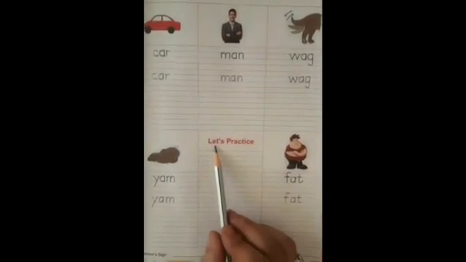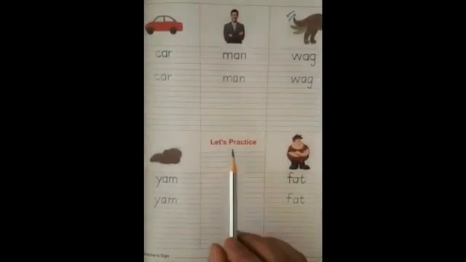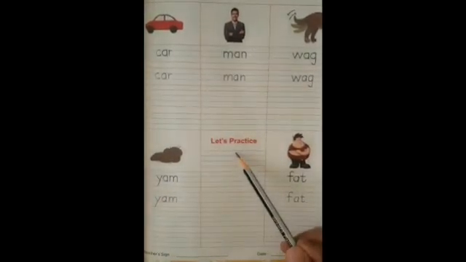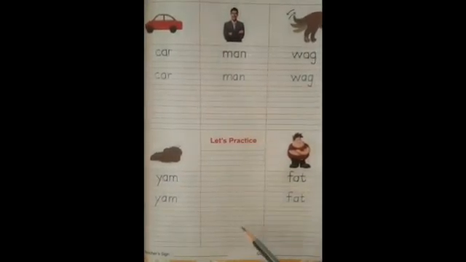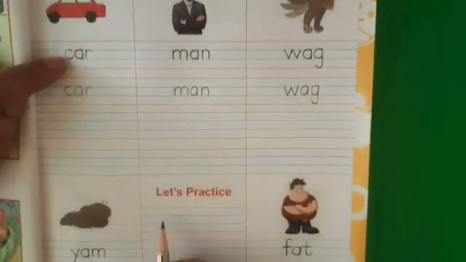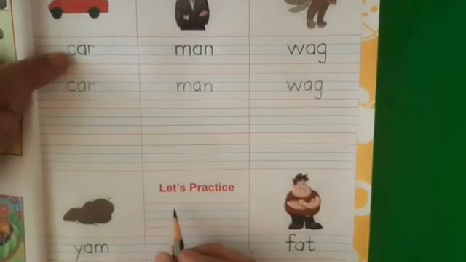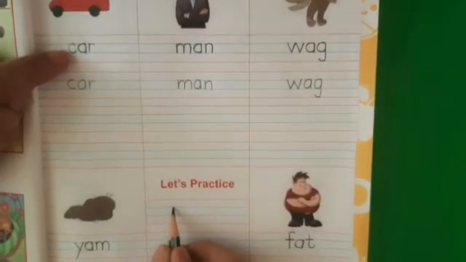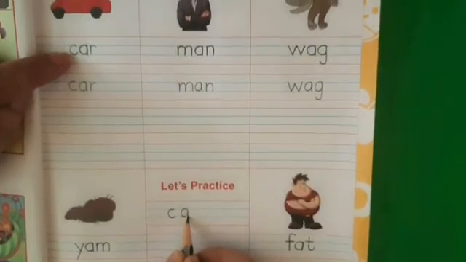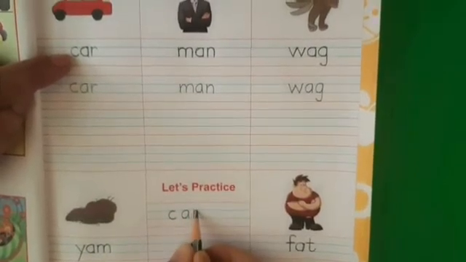So let's practice. For this, we have to write all the 5 A sound words here in a line, for which we will put one finger on the word and start writing. C-A-R, car.